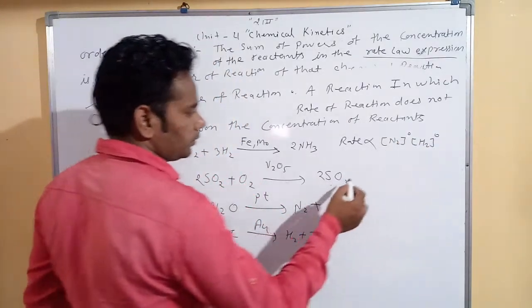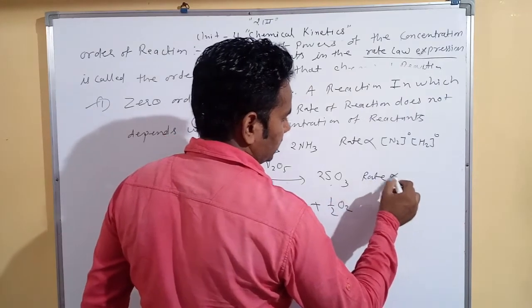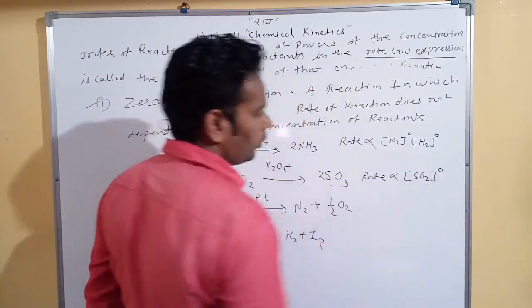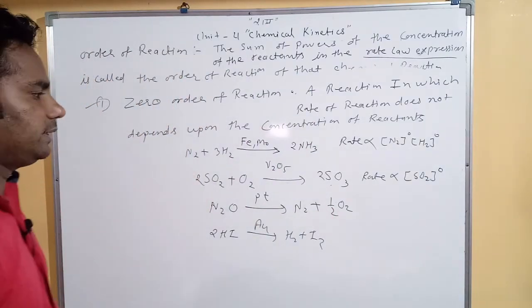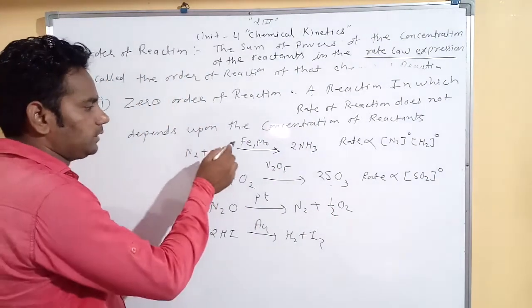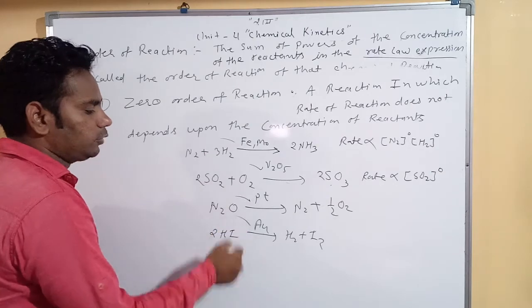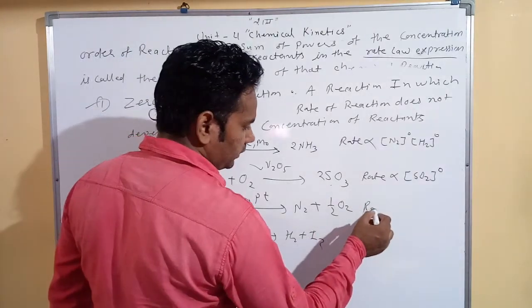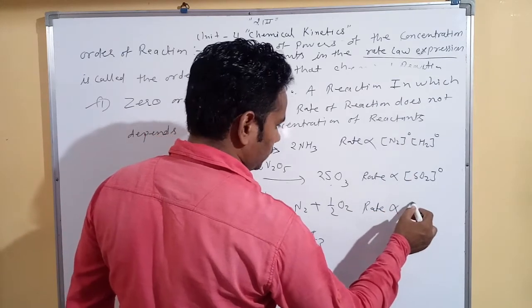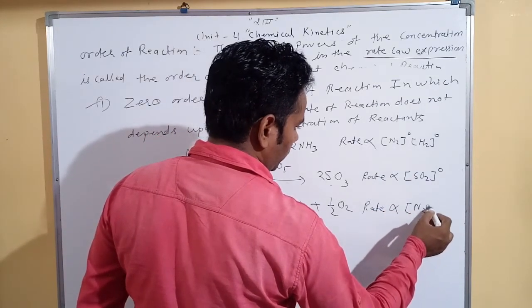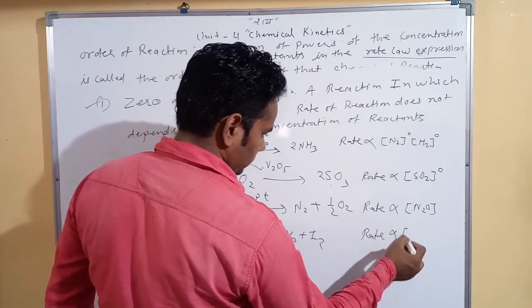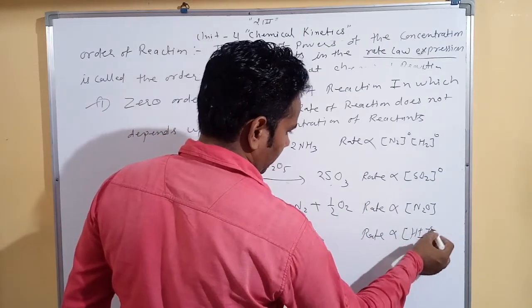Here also rate is directly proportional to sulfur dioxide, power is 0. Why 0? Because this reaction is zero order of reaction. How to mention? If a catalyst is present, the order of reaction is 0. Here also same: rate is directly proportional to N2O, and here rate to HI, the power 0.